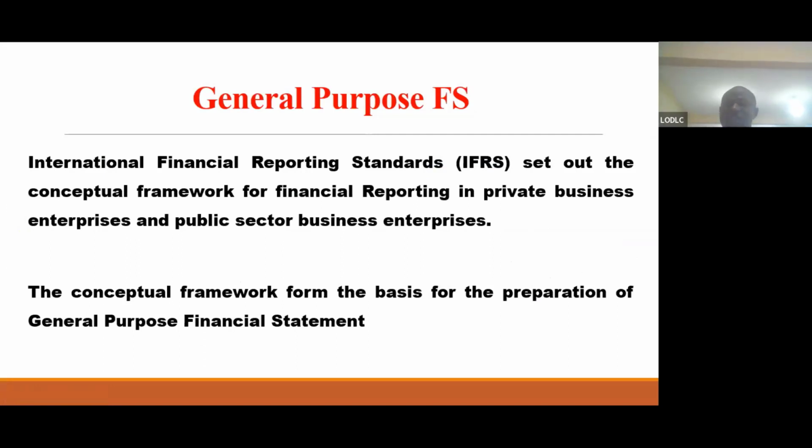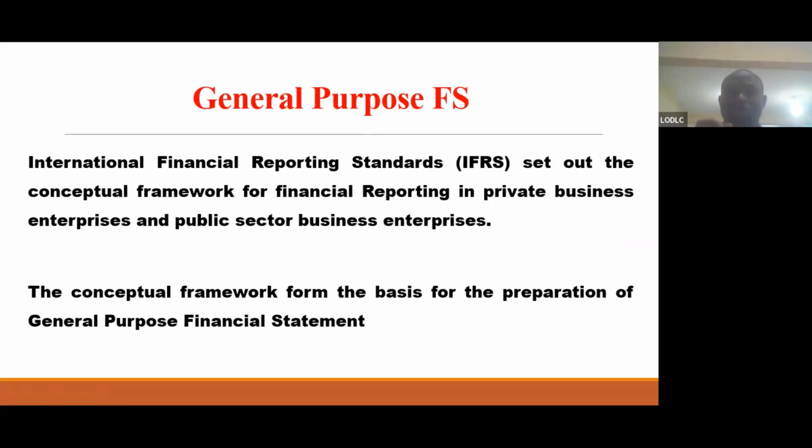International Financial Reporting Standards define a general purpose financial statement. What exactly do I mean by general purpose financial statement? A general purpose financial statement is a financial statement that comprises a minimum content of the report.